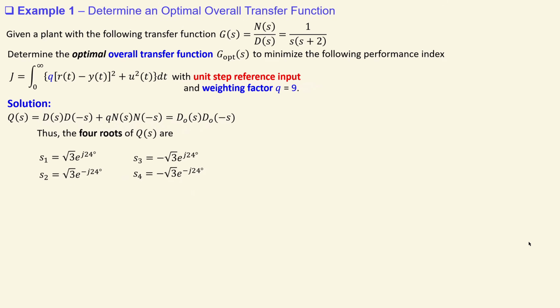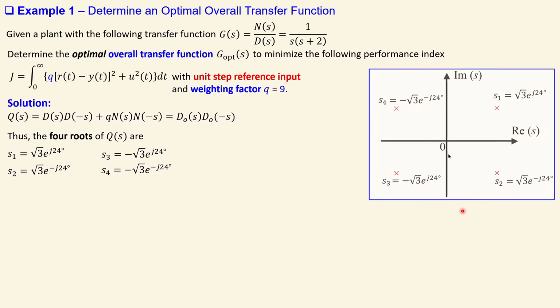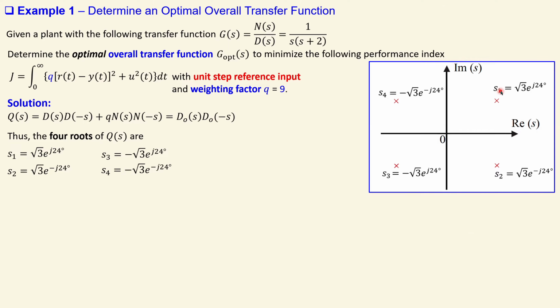Okay, now let's collect them together and look at it in a pictorial view, because you can now see the S1, this one, and S2 here is actually the same but having a negative angle. And S3 here is minus square root of 3, exact same angle, and that's actually shown here.